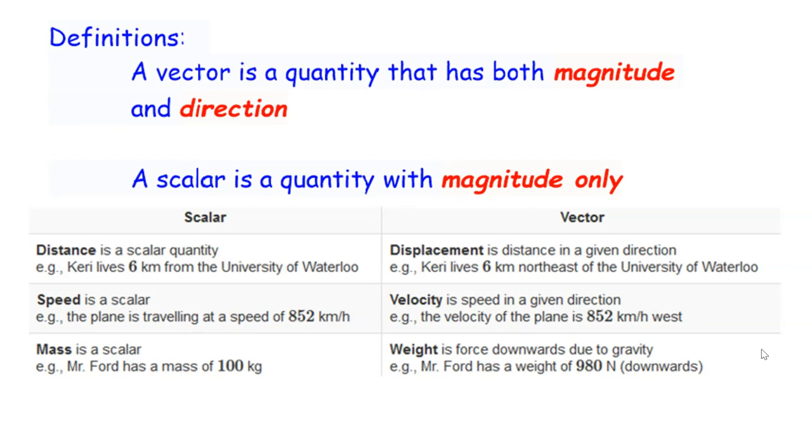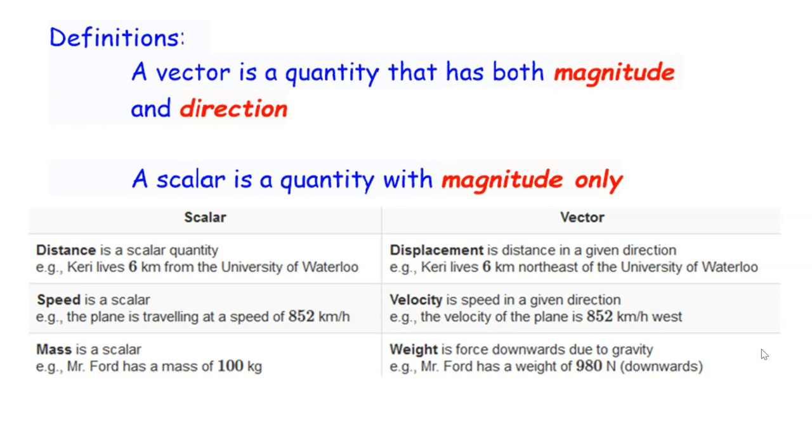On the other hand, what would be considered vectors would be displacement. So not only are you saying that Kerry lives 6 kilometers from University of Waterloo, you're also telling the person in what direction Kerry lives in relation to University of Waterloo. This says northeast of University of Waterloo.